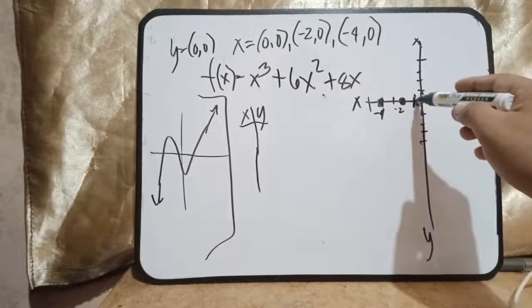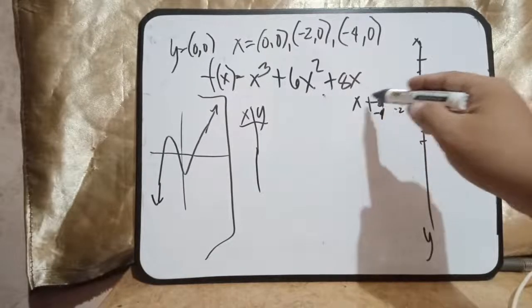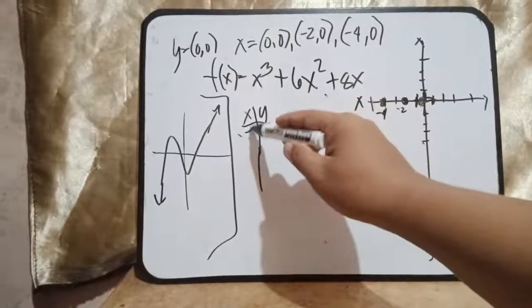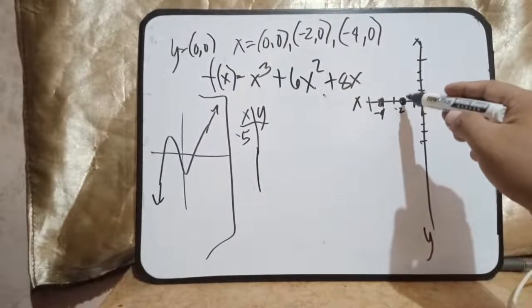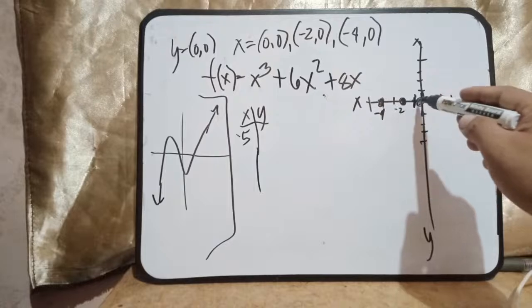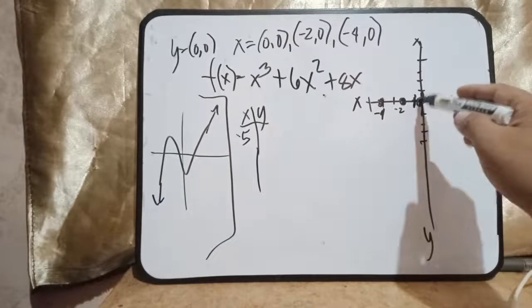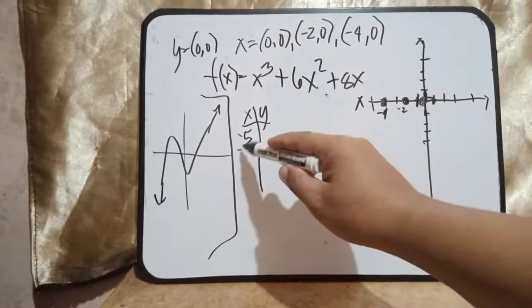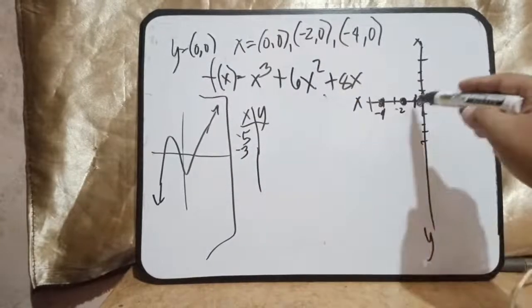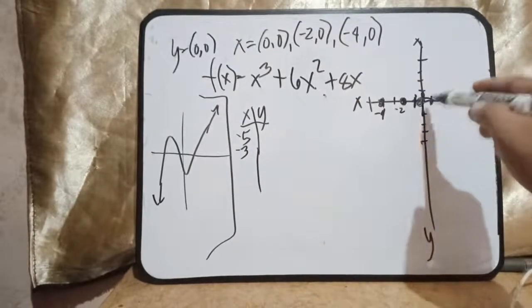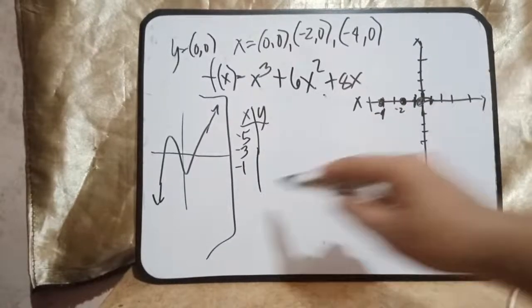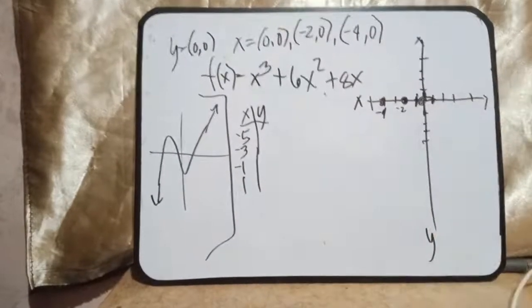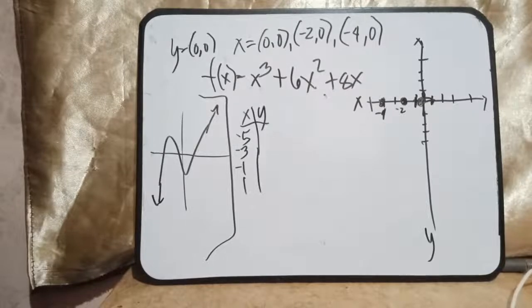Bilang ka lang, 1, 2, 3, 4, 5. That is negative 5. Anong pumapagitna ng negative 2? That is 1, 2, 3. So that's negative 3. Anong pumapagitna sa 0? That is negative 1. What about the other side? So that's positive 1. Ganun lang siya pag-identify. Mas madali siyang i-identify. Okay, so looking for y.